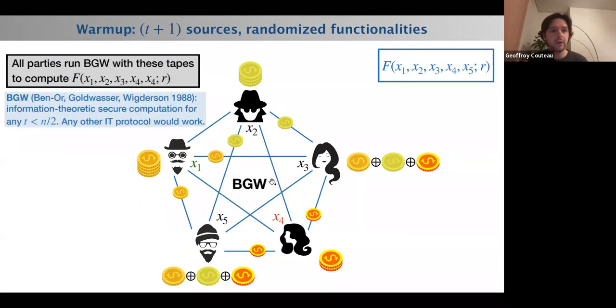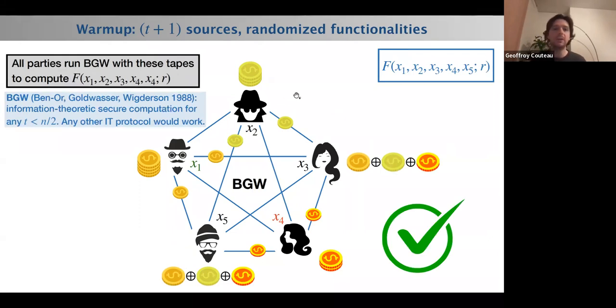And of course, afterwards, with all these random tapes, they can run any information theoretic secure computation they like, for example, BGW. And this works fine because since there are T+1 sources, there will always be an uncorrupted source. So when you XOR the random tapes, from the viewpoint of the adversary, these random tapes will be truly random. So we can just invoke the security, for example, of BGW, right?